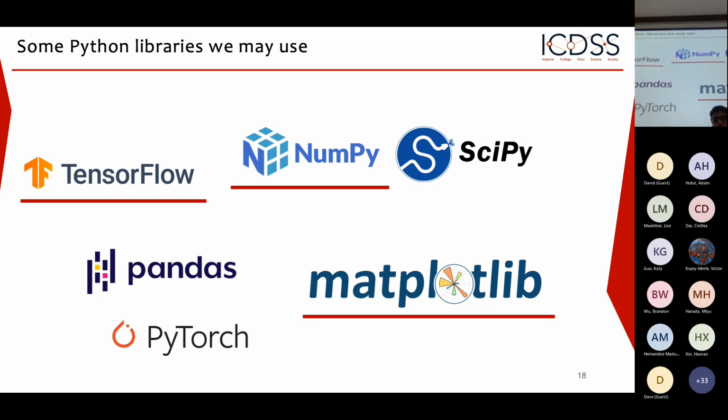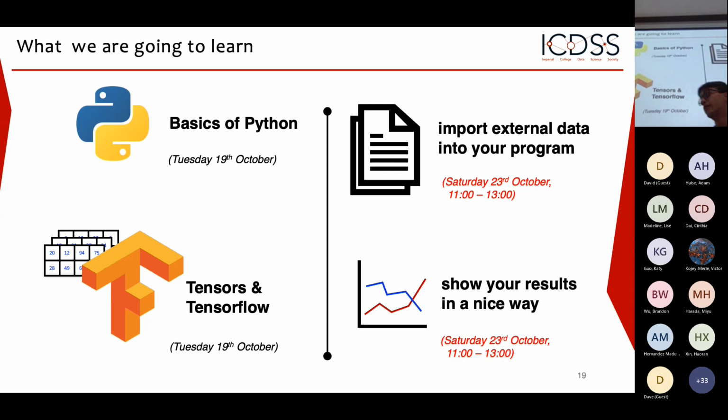That is going to be TensorFlow, NumPy, and actually not Matplotlib, because we're going to work with Matplotlib on Saturday, when we have the second piece of the workshop. So these are the things that we are going to introduce: the basics of Python, TensorFlow, and Tensors. This is going to happen today.